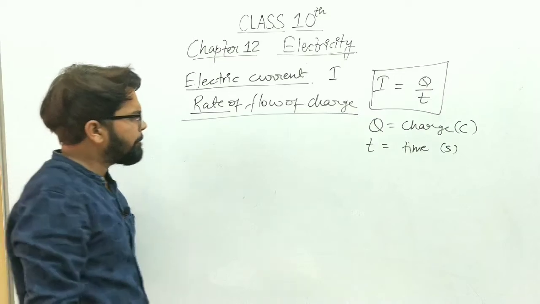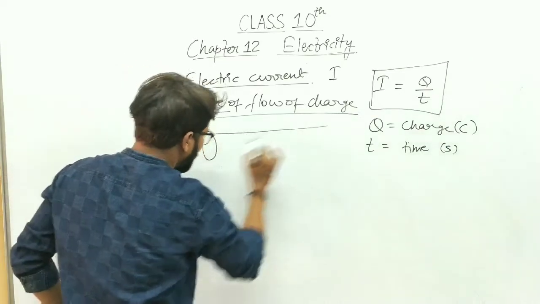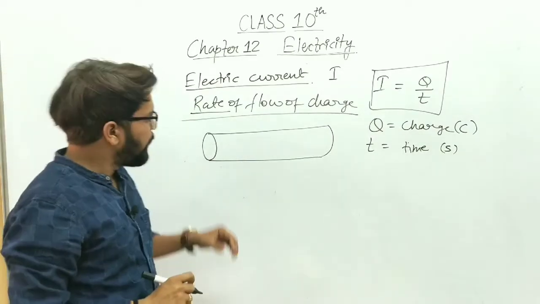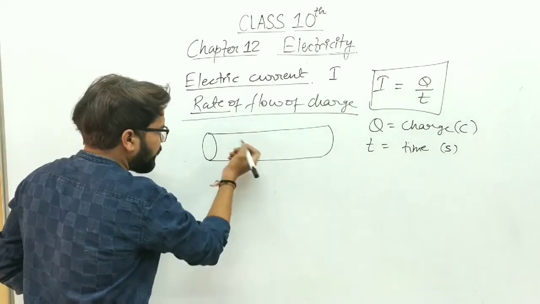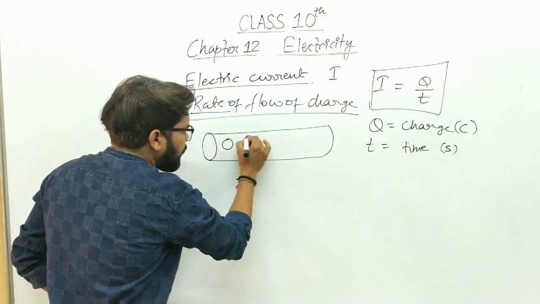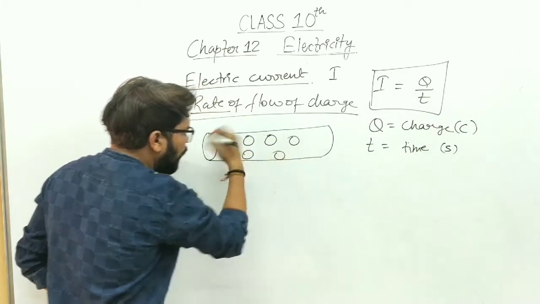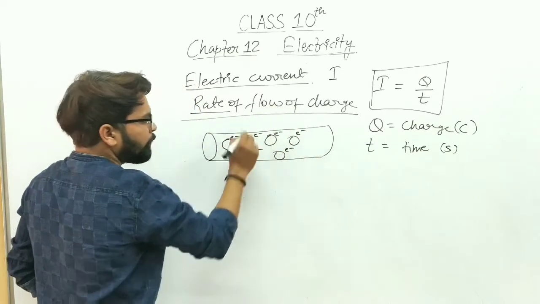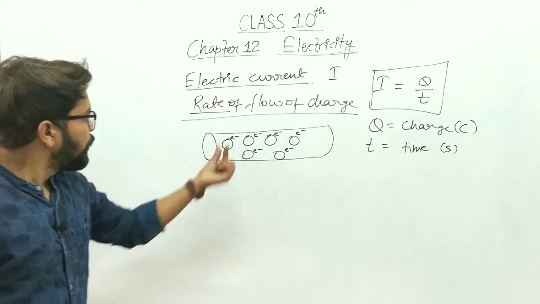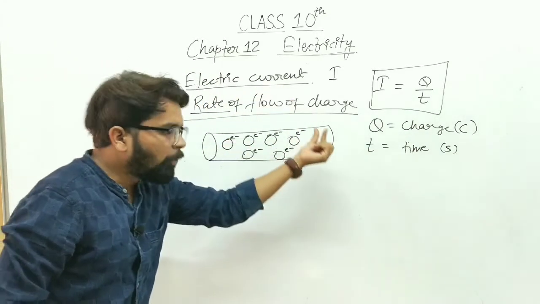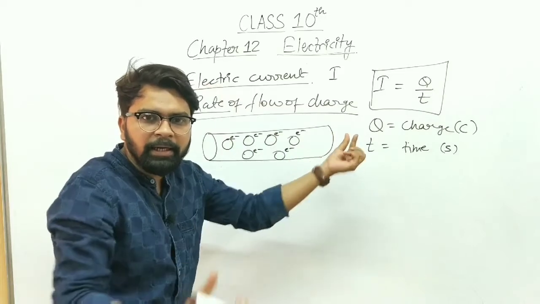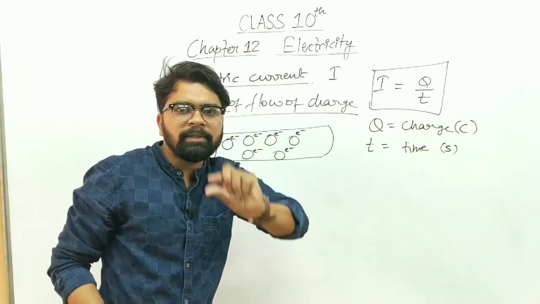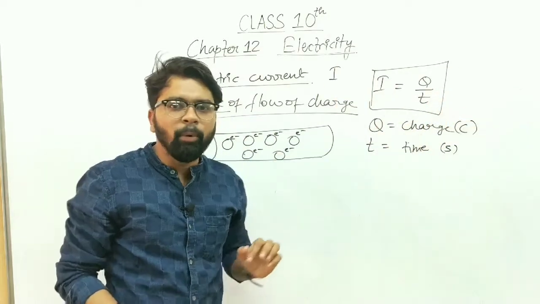If I take an example of a conductor, a metal copper wire, all these are atoms, and all atoms have some free electrons or free charge carriers to move from one place to another. So charges flow per unit of time. It means that in a small interval of time, maximum charges are flowing. If the time is less and charges are more, then the current will be more.